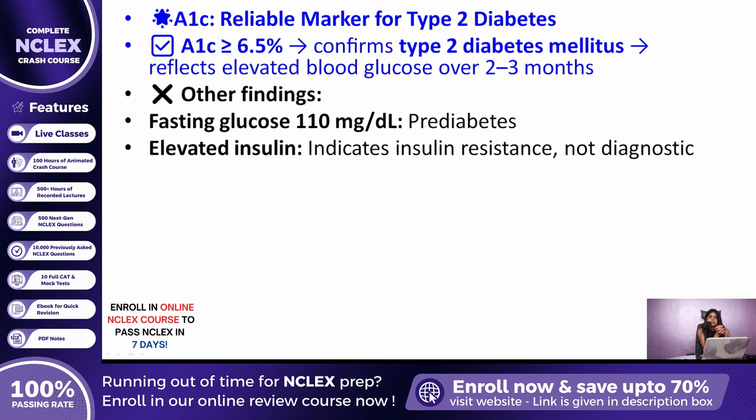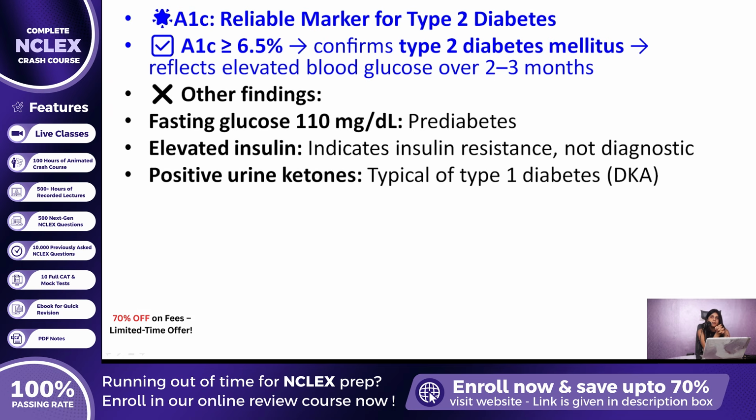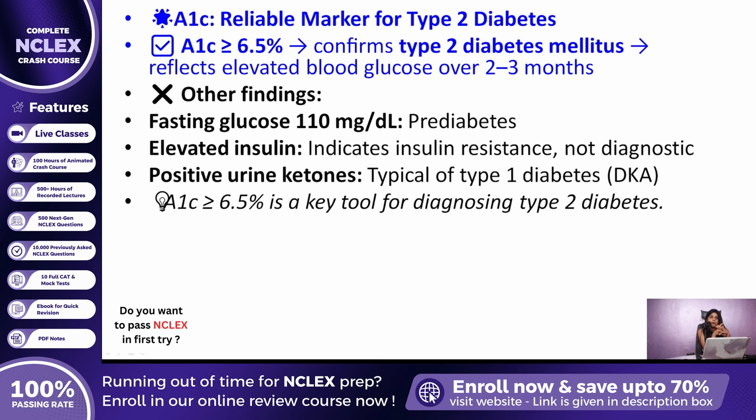Elevated insulin levels, as in option C, indicate insulin resistance but are not diagnostic of diabetes. Positive urine ketones, as in option D, are more typical of diabetic ketoacidosis seen in type 1 diabetes. The key point is that an A1C level above 6.5% is a reliable marker for diagnosing type 2 diabetes mellitus.